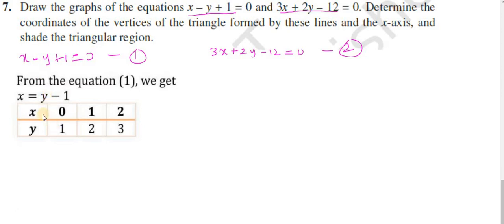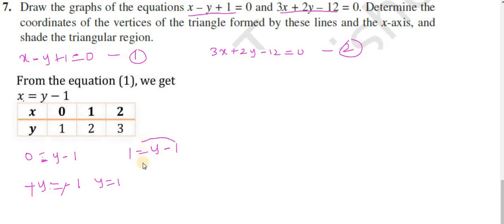So now what I did, first I took 0, 1, 2, 3. If we take x is equal to 0, then y is equal to 1. That is, 0 is equal to y minus 1, so minus y is equal to minus 1. Minus minus cancel, so y is equal to 1. Next, if we take x is equal to 1, then 1 is equal to y minus 1.